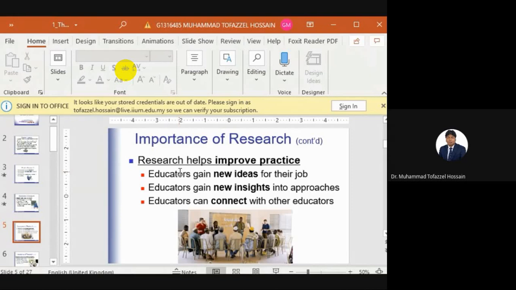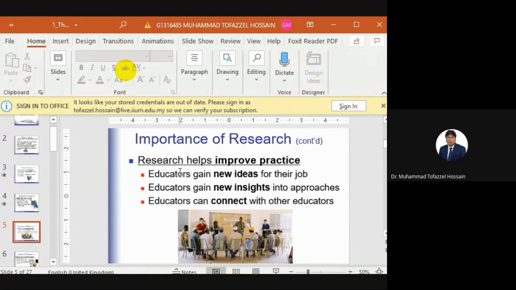or if you study different people, different techniques, then you can find out whether those techniques are useful or not, effective or not. So in that case, you can gain some new ideas. For example, someone told what may be appropriate for Bangladeshi students.